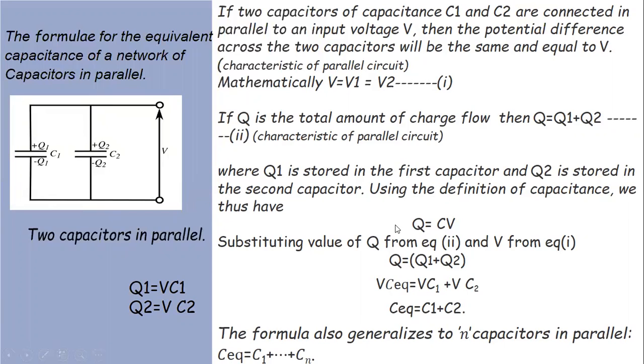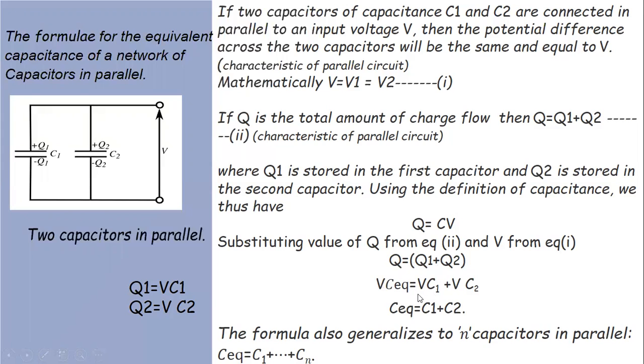Now, using Q equals CV, which we have done earlier, we substitute it in this equation, our equation 2. So Q equals V, the source voltage, times the equivalent capacitance.